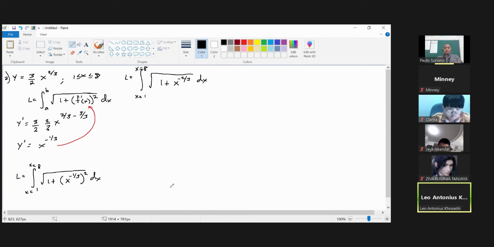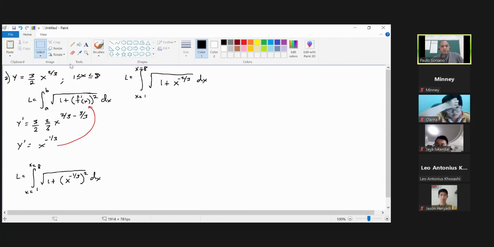Okay, at this point, how do we solve it? Can you use substitution immediately? If you use substitution, you will say u equal to 1 plus x raised to negative 2 over 3.